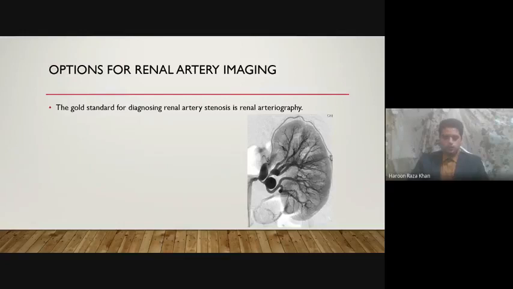As you can see here, after cannulation, a material is injected which follows the pathway of the renal arteries, showing if there is any blockage or stricture. If there is any evidence of ballooning, that shows there is an issue with the renal blood flow, as you can see over here. Otherwise, you can see the blood supply to the kidneys over here. So evidence of ballooning suggests renal pathologies.